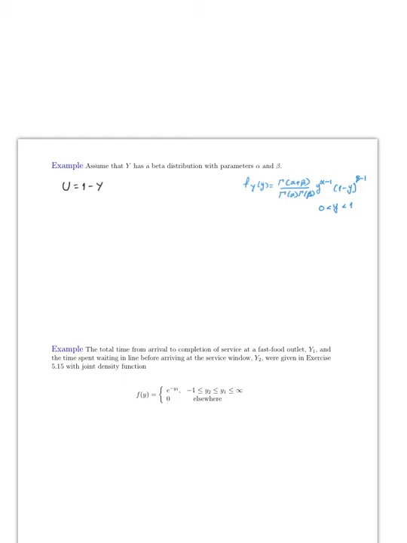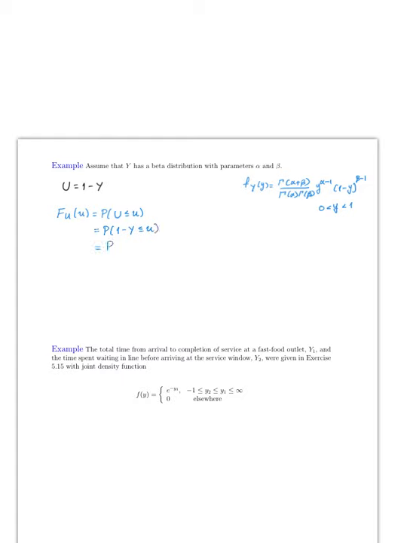Okay? So remember, the first thing we need to figure out is the distribution function. Again, by definition, this is equal to the probability that capital U is less than or equal to lowercase u. This means we find the probability that 1 minus y is less than or equal to u.